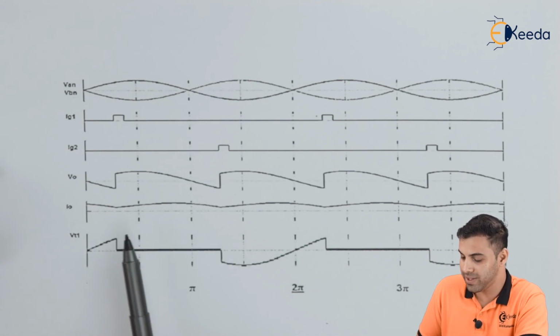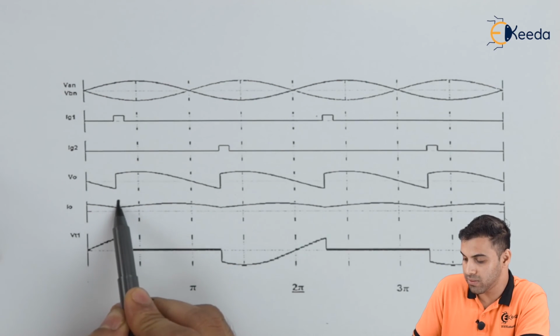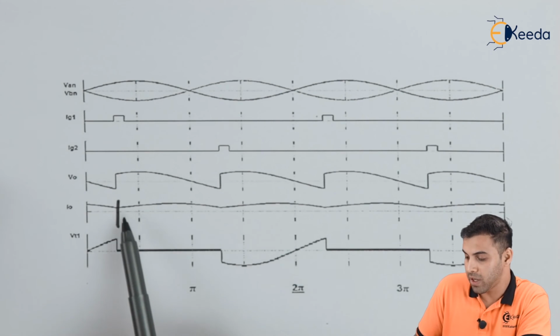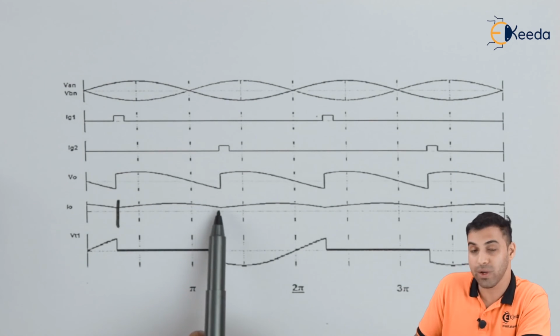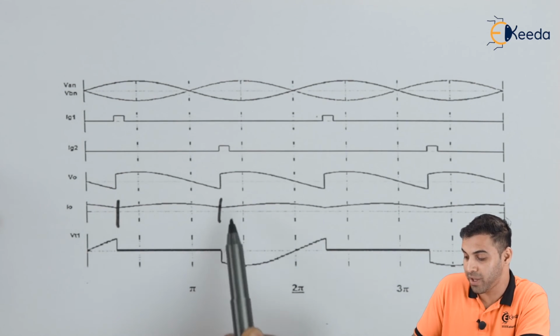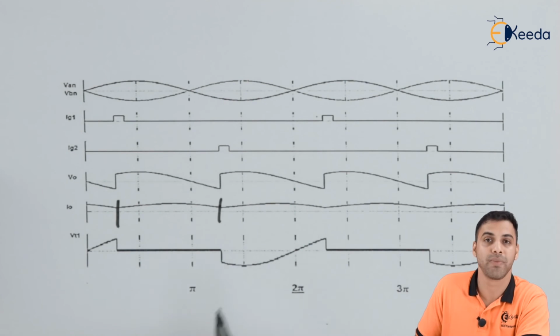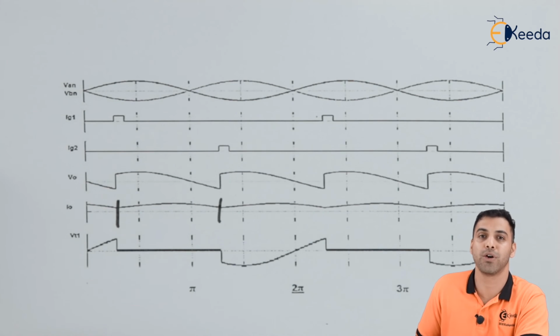So here friends, if you can see the current, if I start from this point, the current slowly rises, again slowly falls, but it never goes down to zero. At this point there is a specific positive value of electric current across the load. Again the same process continues. So that's called continuous conduction mode. The load current never goes to zero if an inductive load is connected.